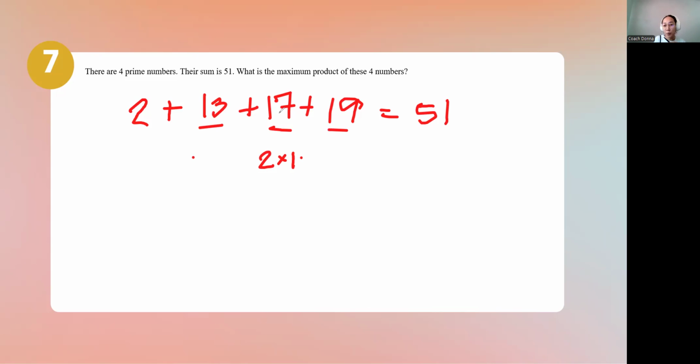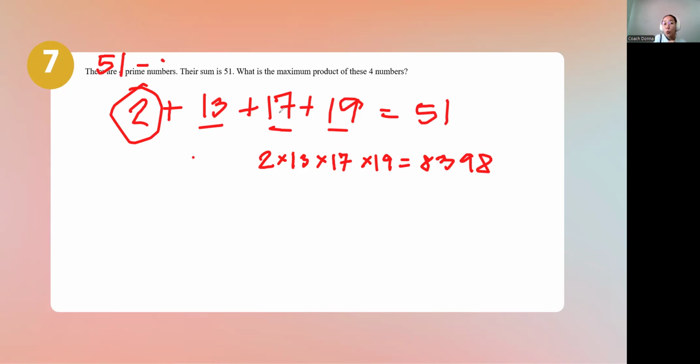For sure, we could have 2. That's a prime number, least prime number we could have. The other numbers must be close to each other as possible. So what we do is usually the sum minus the 2, you'll have 49. Then evenly divide 49 by 3. 49 divided by 3 is roughly 16 remainder a certain number, right?